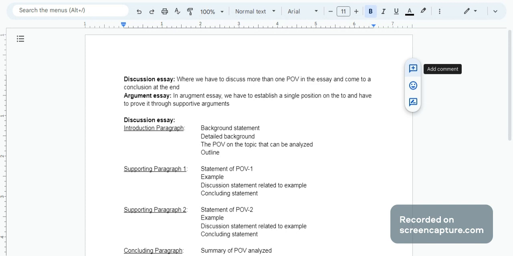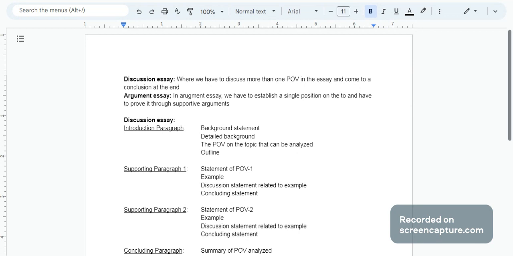There are some channels who provide templates for essay writing. I think it's a little bit risky, but the format, if you break it down into certain sentences, I think that would be a very safe thing to do, considering that templates are not going to fit each and every situation.